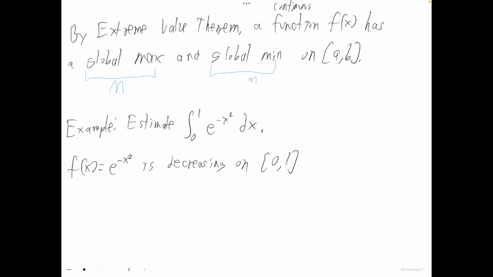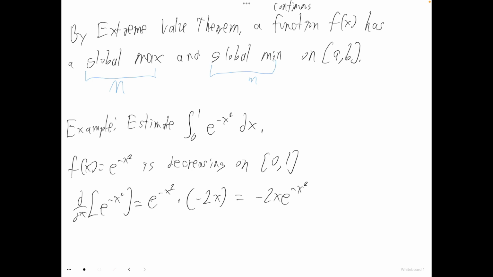If we take the derivative of the function, we get negative. So let's actually take the derivative. We're going to use the chain rule. So we have e to the minus x squared times the derivative of minus x squared, which is minus 2x. So we get negative 2x e to the minus x squared. Notice that's negative from 0 to 1. Okay, so that's how we're getting it's decreasing on 0 to 1.